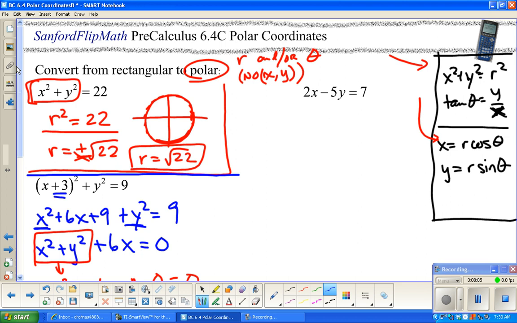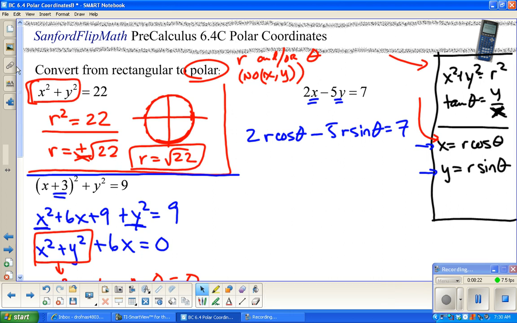So again, x and y. Here are x and y. So this is going to be 2 r cosine theta minus 5 r sine theta equals 7. And the only thing to do now is get r by itself. Well, I have 2 r's, and they are really not like terms, so what I'm going to do is undistribute. I'm going to factor it out.